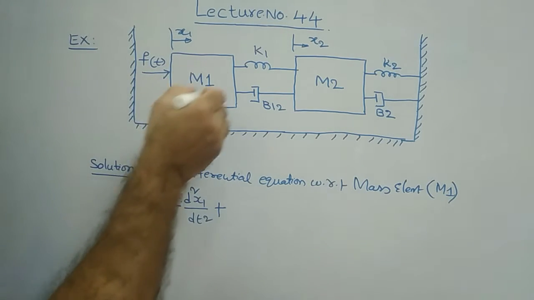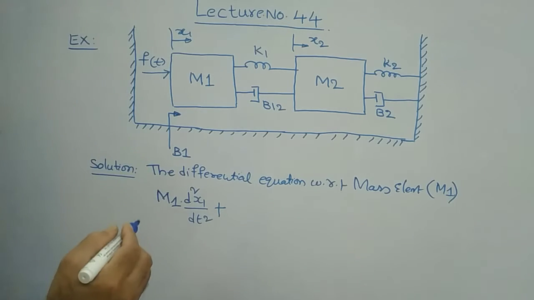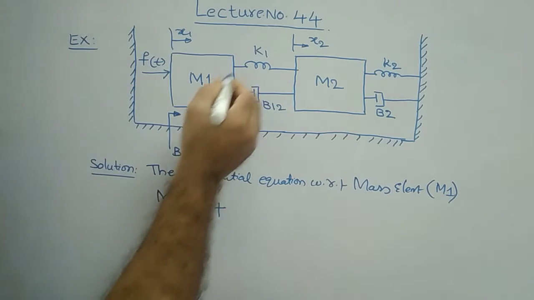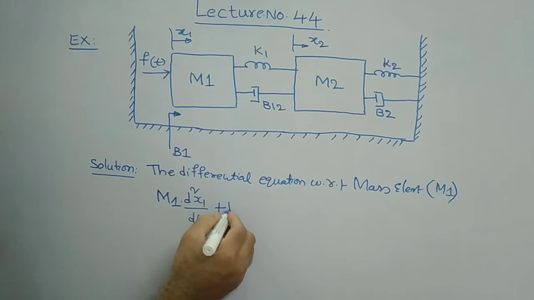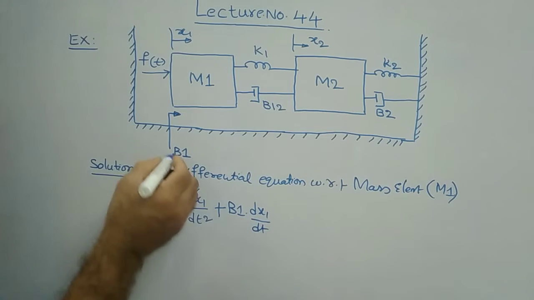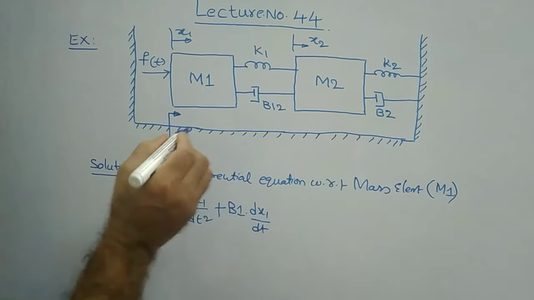the force opposed by this mass element m1, d square x1 by dt square. Then b1 into dx1 by dt, because for the frictional coefficient the first derivative will come.